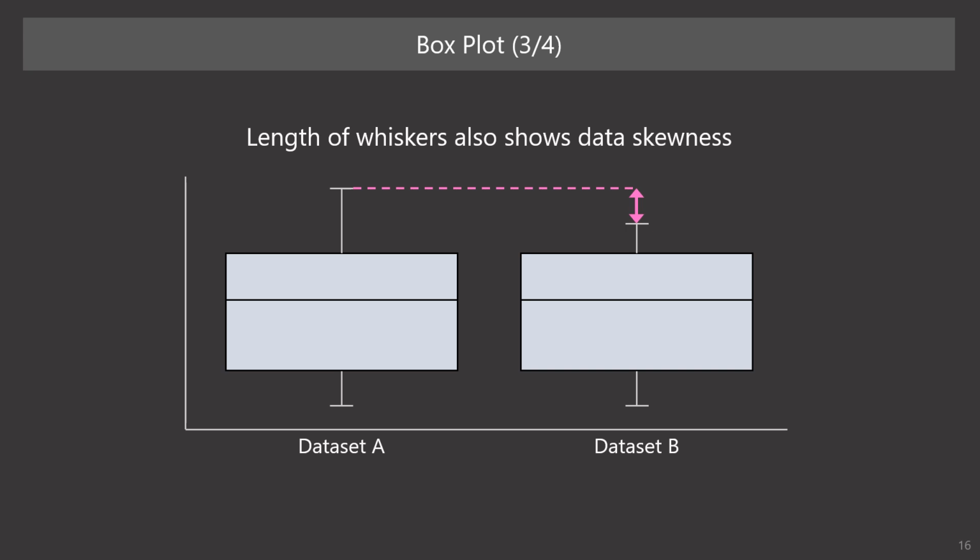As we can see, the upper whisker is much longer in the box plot for dataset A. It means that the interval between the third quartile and the maximum is longer for dataset A than dataset B. It indicates that, compared to in dataset B, in dataset A, the data is more sparsely distributed between the third quartile and the maximum. In other words, between the third quartile and the maximum, the data is more densely distributed in dataset B than in dataset A.